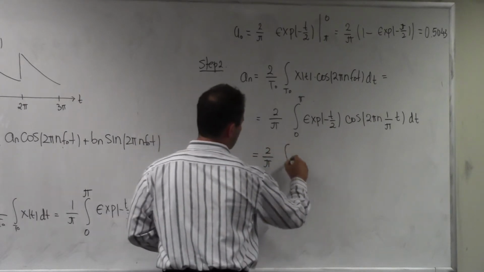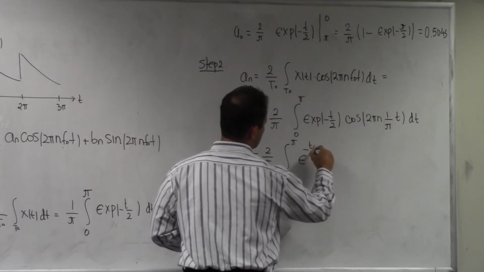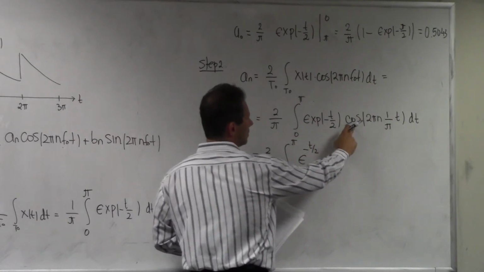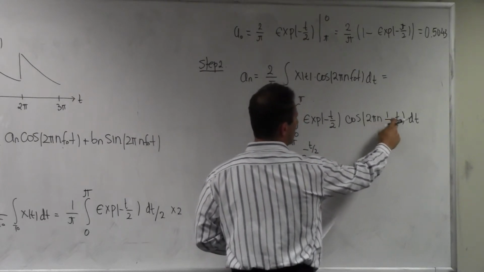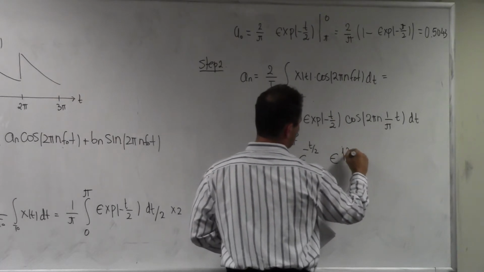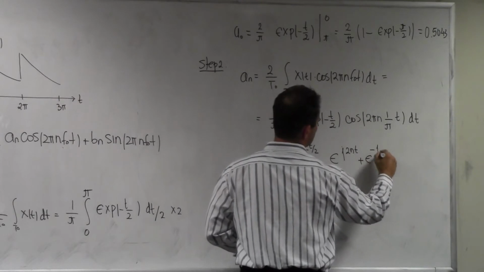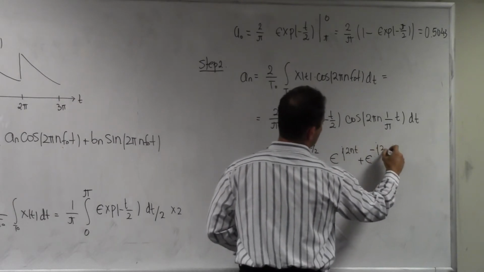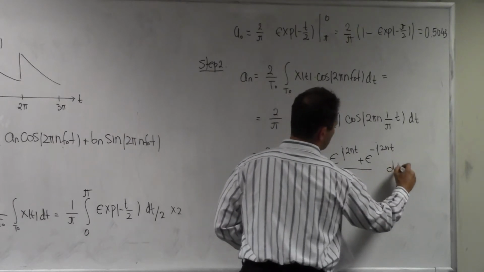But the way I approach this is 0 to pi, e to the minus t over 2. And then you have here cosine of 2 pi, and actually 2nt, so this is e to the j 2nt plus e to the minus j 2nt, divided by 2, dt.